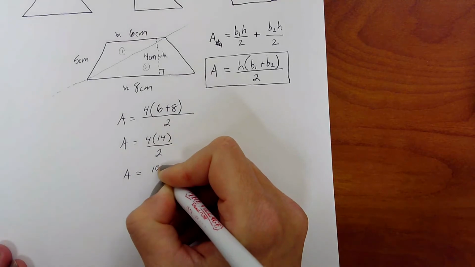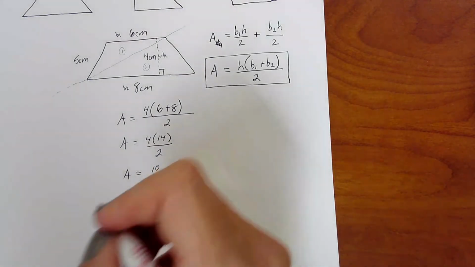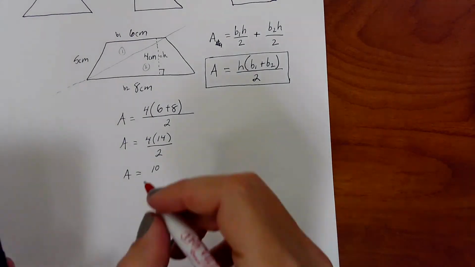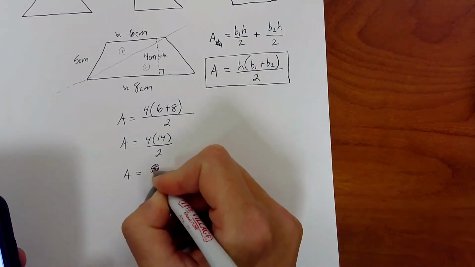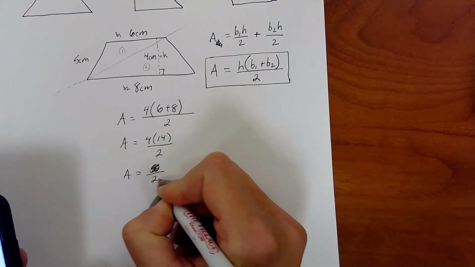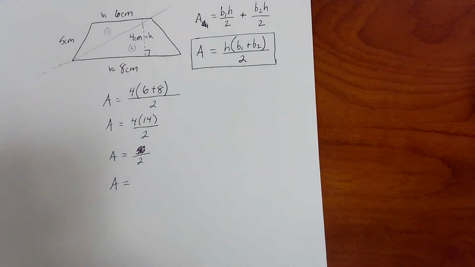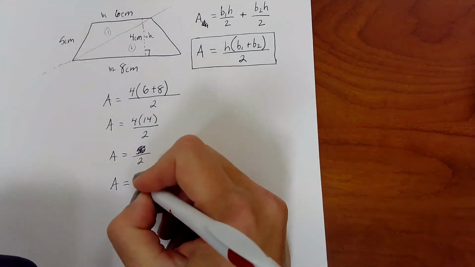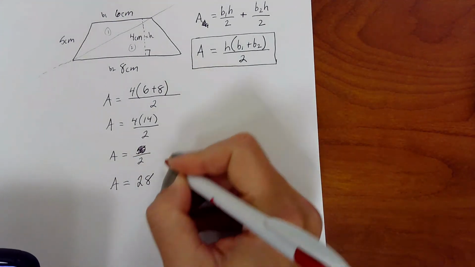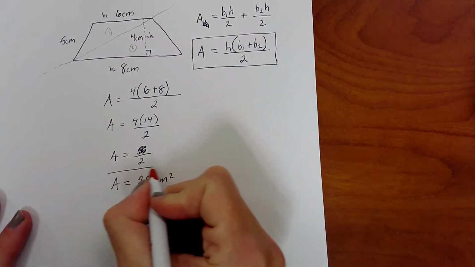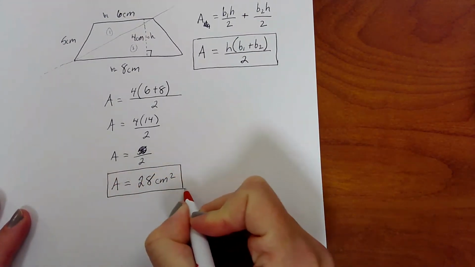Looks like I have a mistake. 4 times 14 is 56. Over 2. 56 over 2 is 28. What did we have here? Centimeters squared. And there you go.